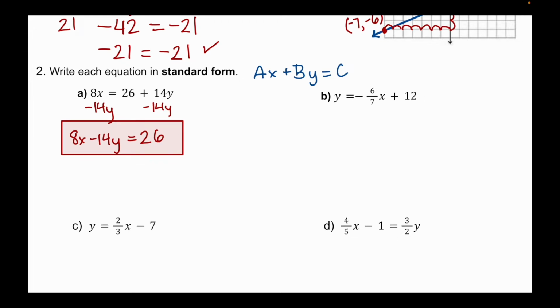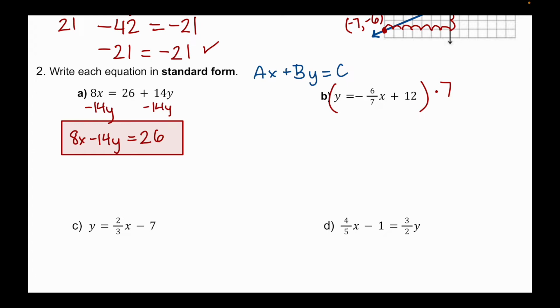For part B, we're going to need to multiply, and I'm going to multiply everything here by 7. So if we multiply every single piece here by 7, that's the whole left side and the whole right side, it's going to cancel with the -6/7x term.